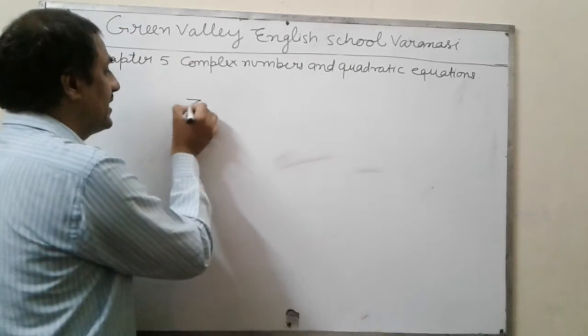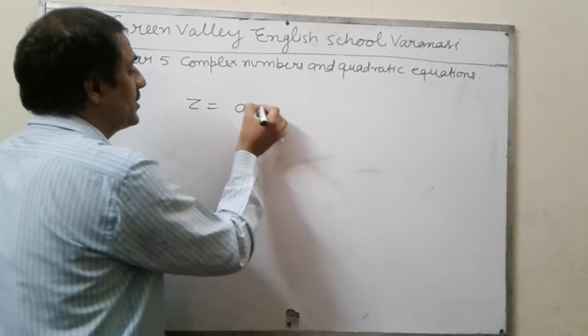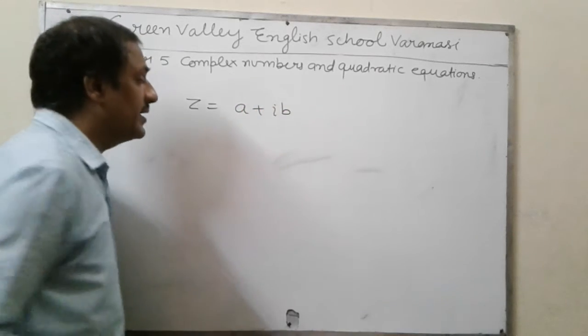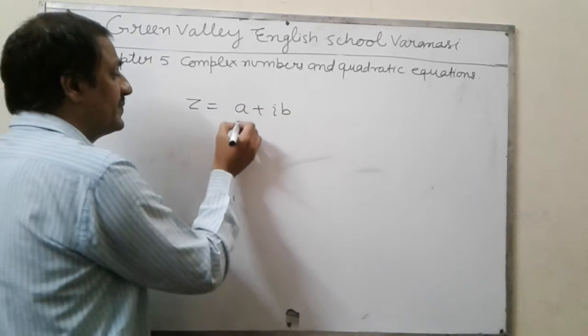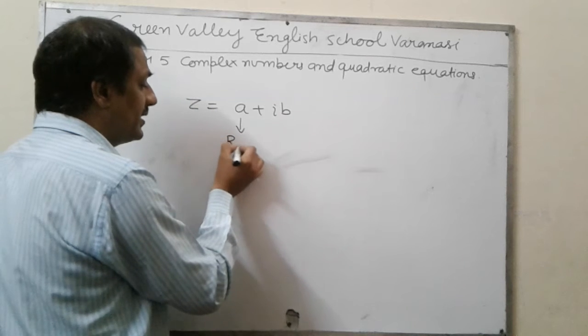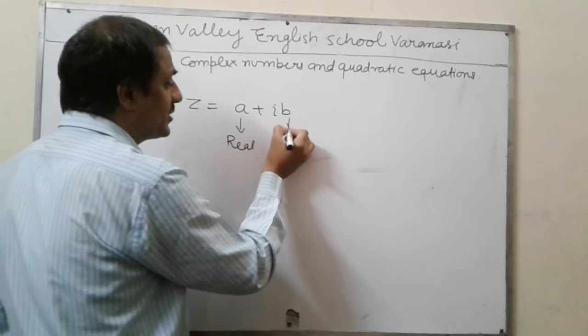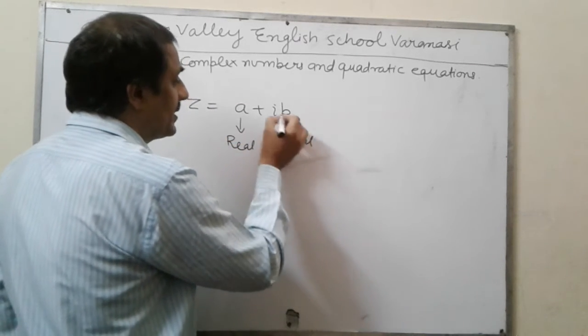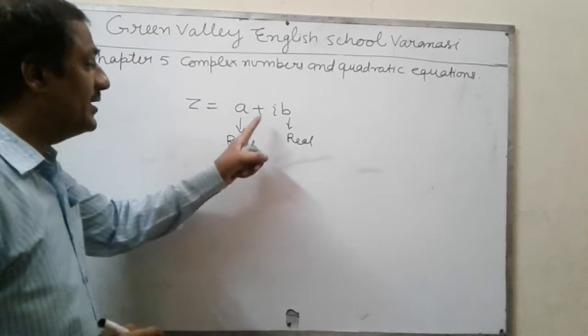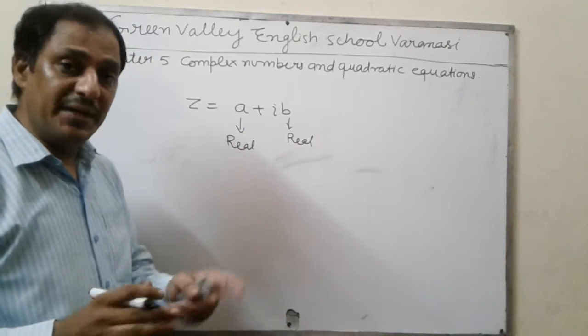Here complex number z is equal to a plus ib. Here a is a real number, and b is also a real number, but i is an imaginary number, so i into b will be an imaginary number.